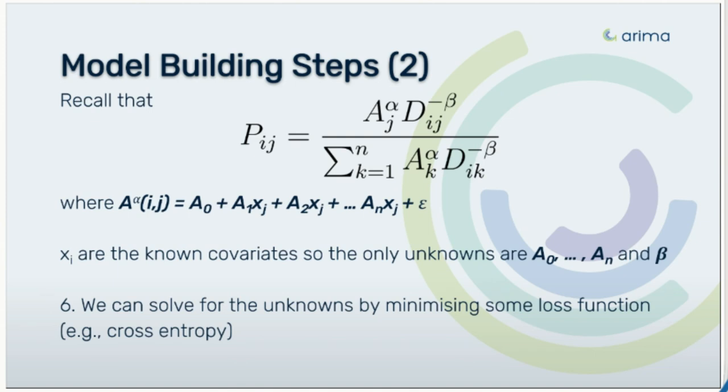But it's nothing more than an optimization problem where you have some training data, you have some unknown parameters, you have a loss function, which we just use the cross entropy because it's a probability, and your job is to figure out what the coefficients are. So it's a really straightforward model that you can use to calculate these unknown coefficients, which is really what you're looking for.